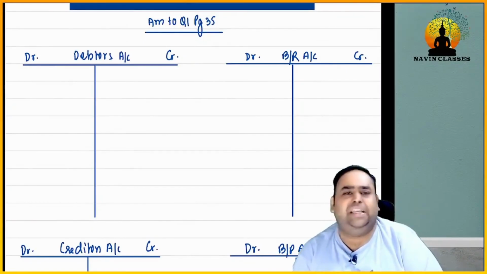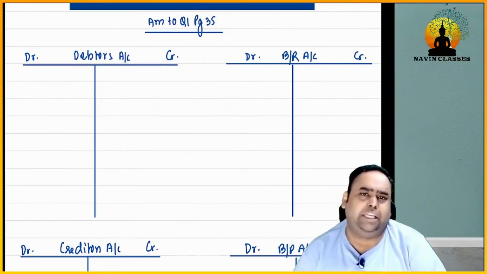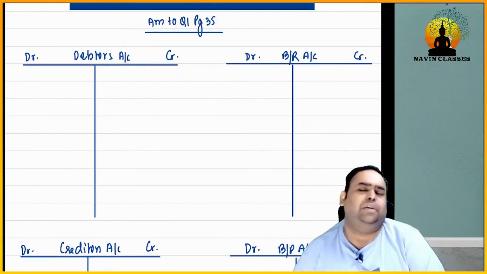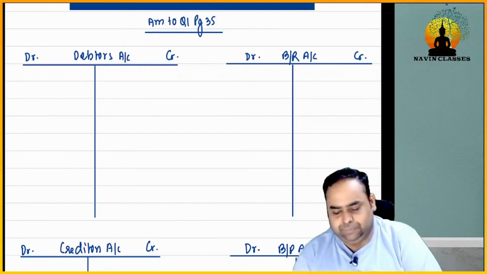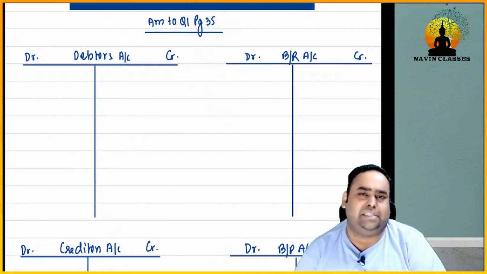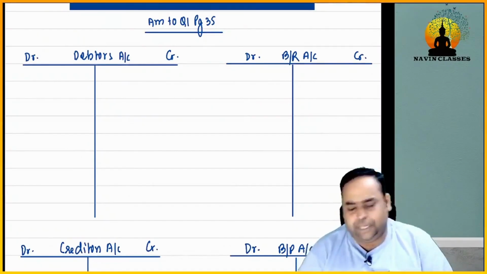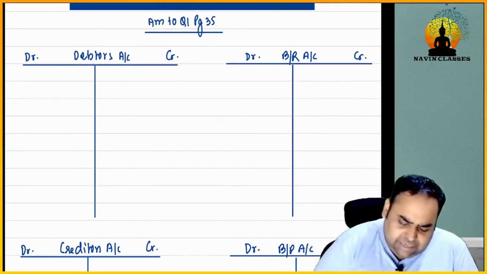Try to write the opening and closing balances in these 4 ledger accounts by yourself. I'm giving you some work to do so that you can learn well by practicing it. Yes, there is no problem.